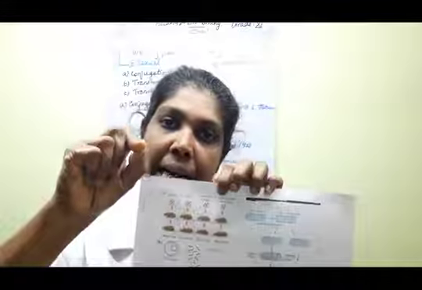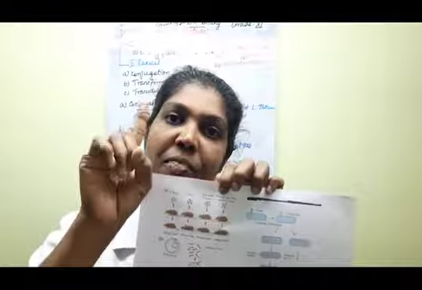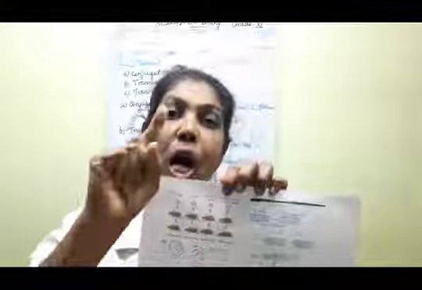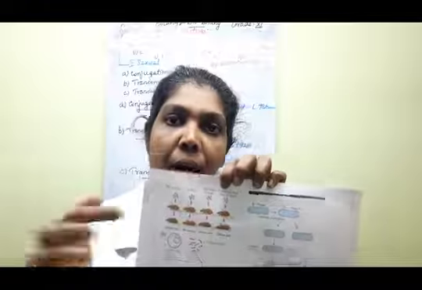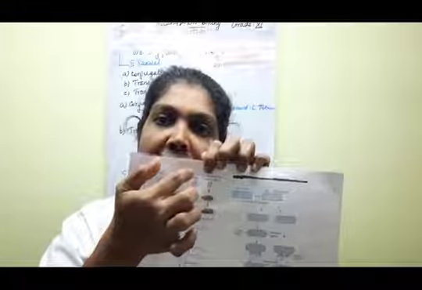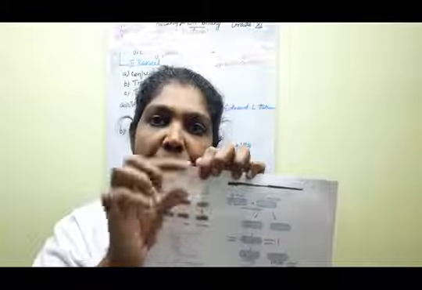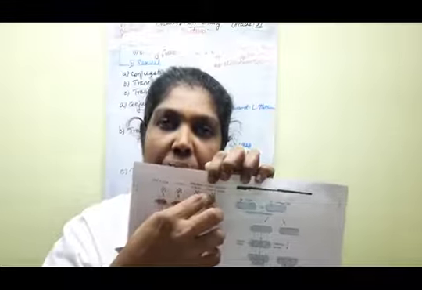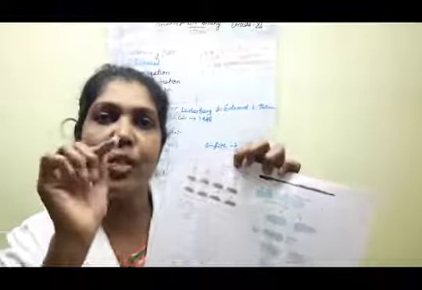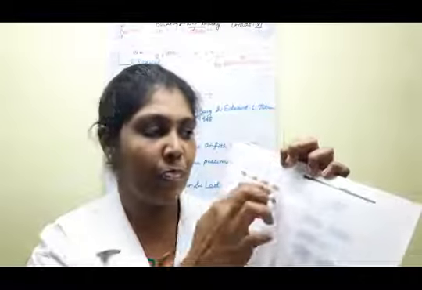That virulent DNA of the S strain is transformed into which strain? Very good, the R strain. Understood, children? So the gene of the heat-killed S type is transformed into the R type, the rough type of cell. Okay, children? Then what will happen when these strains are injected into the mouse? The mouse will die.